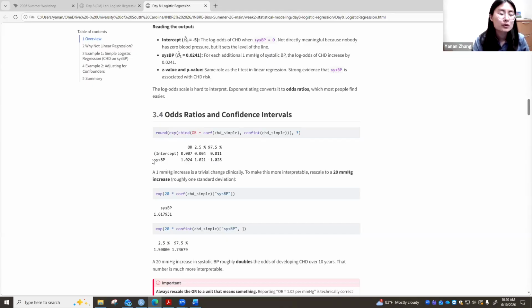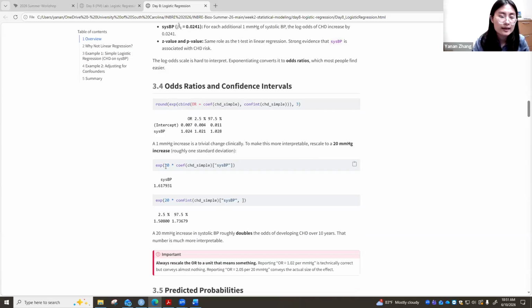So maybe we want to report the odds ratio related to a 10 unit increase, or even a 20 unit increase in the systolic blood pressure. So what we do is rescale on the log odds scale, then take the exponential. So 1.6 is the corresponding odds ratio when we increase the systolic blood pressure by 20 units.